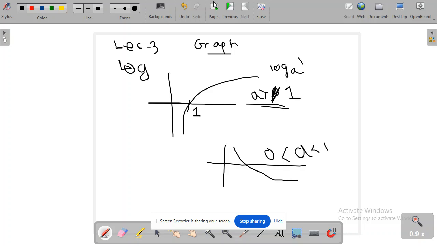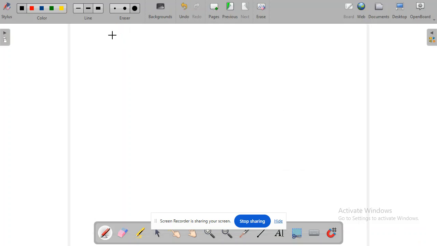Now let us show you e to the power x. It is the inverse of log. Let me show you in a very good way. It is like the mirror image of log, right? This is the graph of log when your a is more than 1.